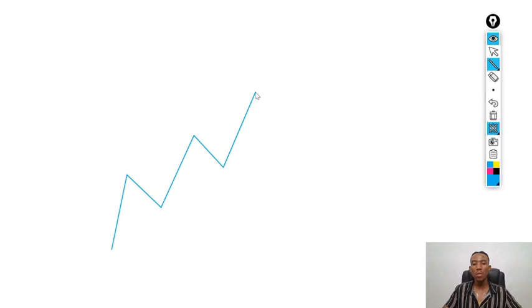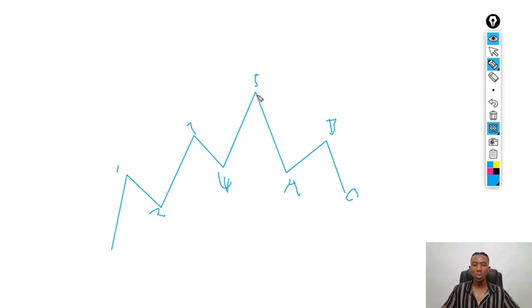Now our corrective wave consists of 3 movements. So let me show you the labels. We call this 1, 2, 3, 4, and 5, which is our impulse wave. Our correction wave would be A, B, and C. This is our A, this is our B, this is our C. It's only 3 movements. So this is a corrective wave.